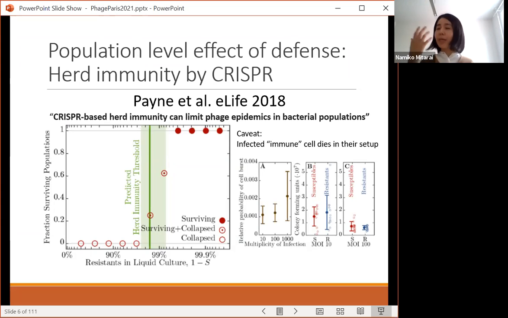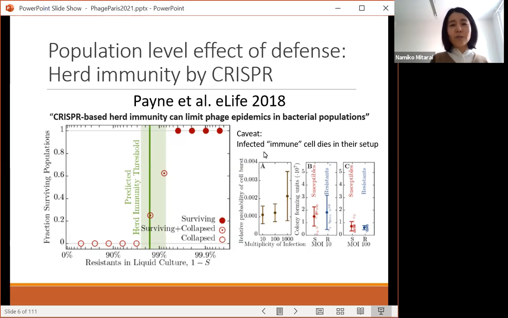If you mix CRISPR-expressing cells and sensitive cells and then put the phage in, can they survive? The sensitive cells can also survive. And they did see that when 99% are immune, the sensitive cells can be protected. So that was very interesting work.